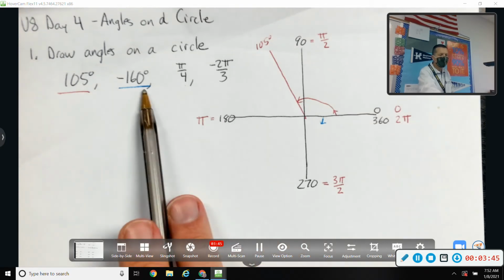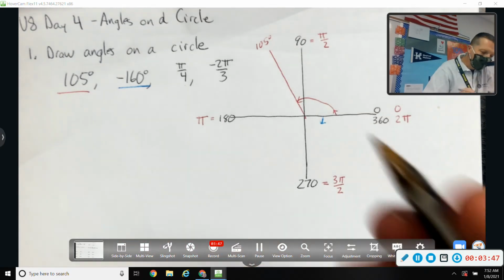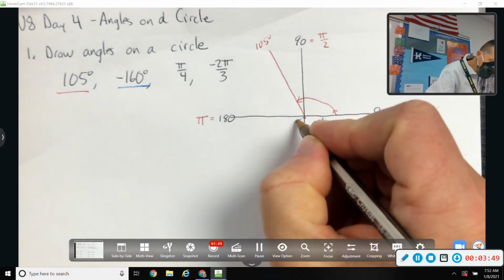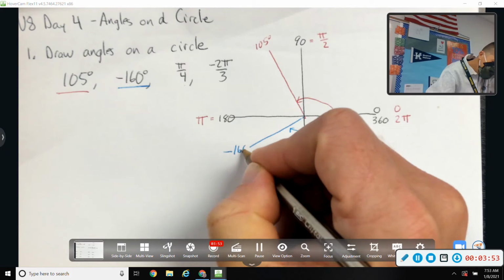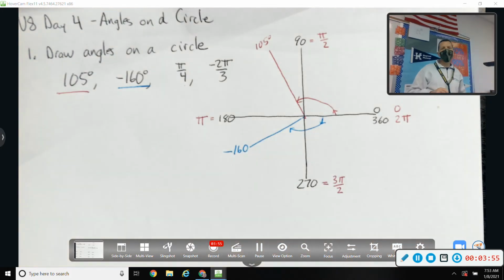I want to be a little bit short of that. 20 degrees short of it, to be exact. So there's negative 160. Again, no protractor, just landed in the right quadrant, closest to the right quadrantal. That's the fancy word for those, the axes.